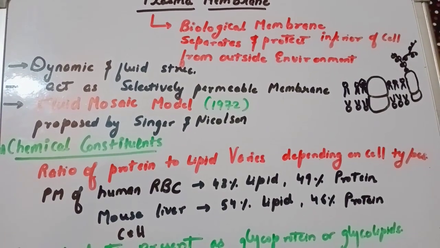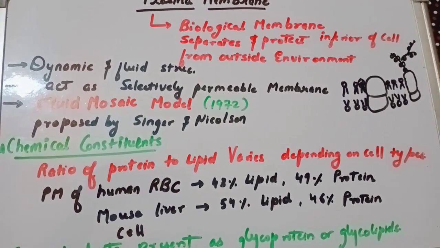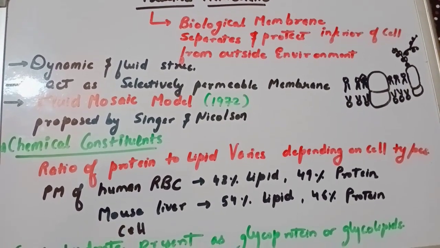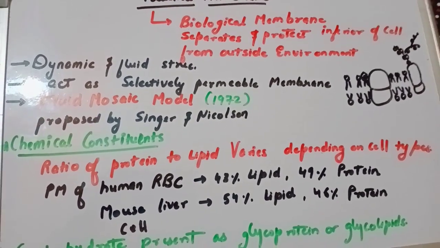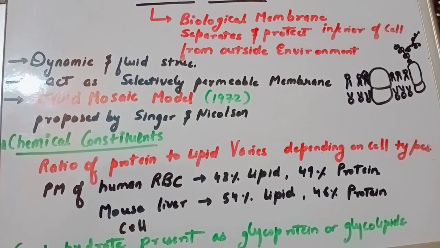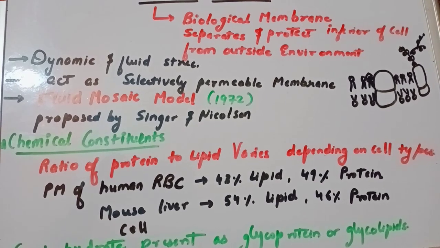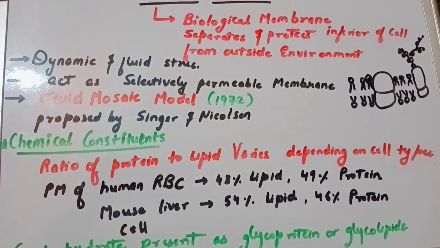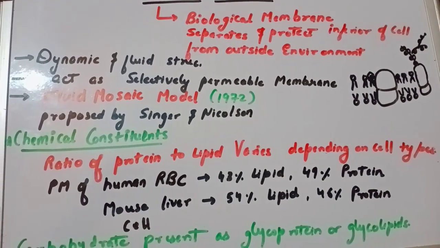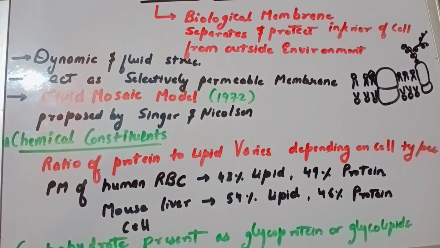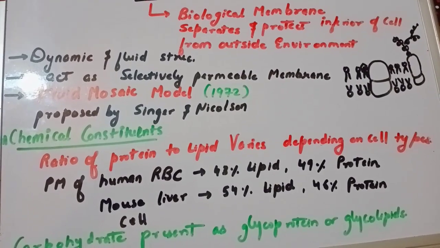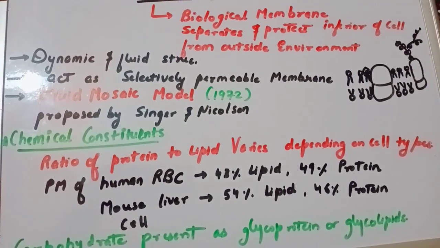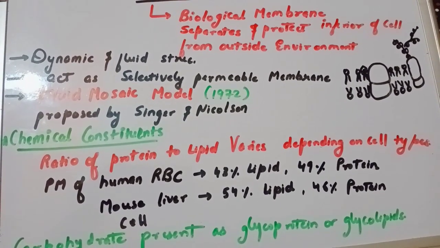This structure was explained by two scientists, Singer and Nicholson, in 1972. They gave the name fluid mosaic model to this plasma membrane structure. If we talk about the chemical constituents of the plasma membrane, the ratio of protein to lipid varies depending on cell type.